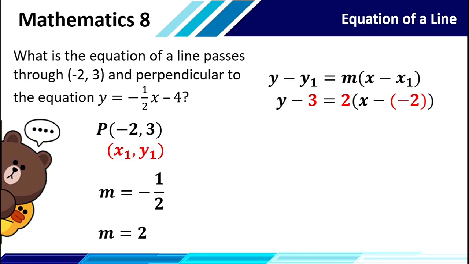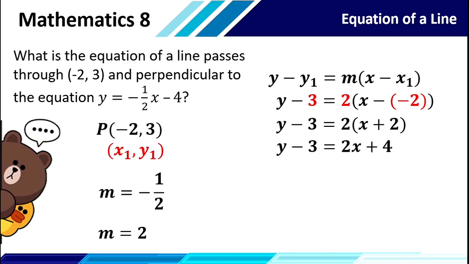Let's simplify our signs. So we will have y - 3 = 2 times (x + 2). Now, we can distribute our 2, or our slope, to the factors inside the parentheses. So we will have y - 3 = 2x + 4.